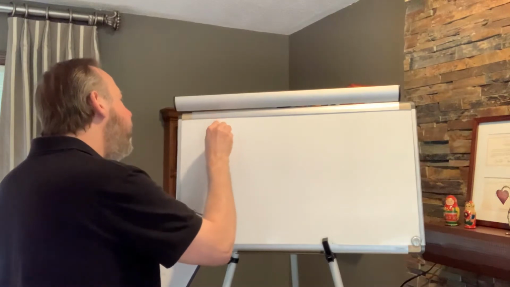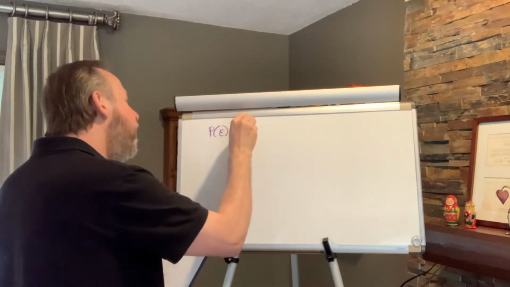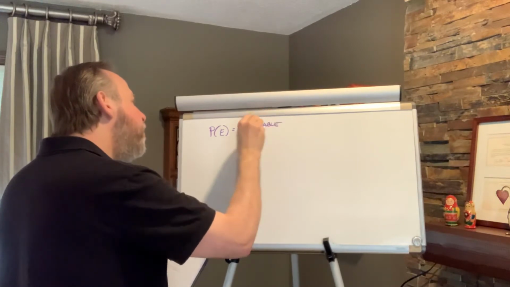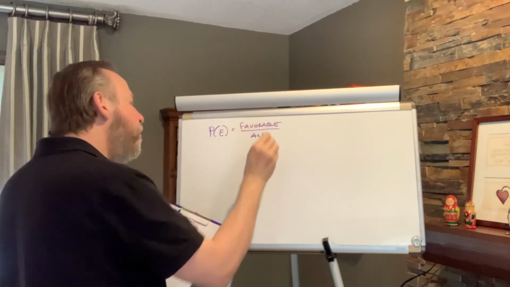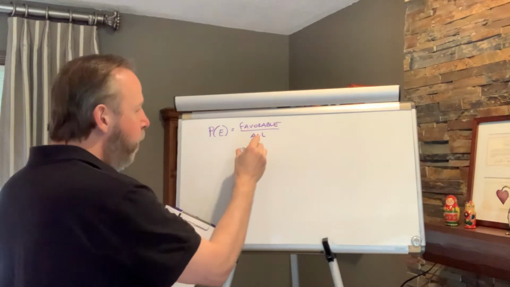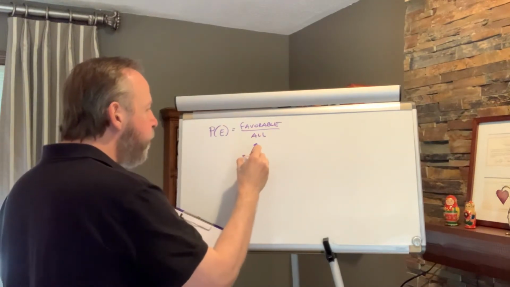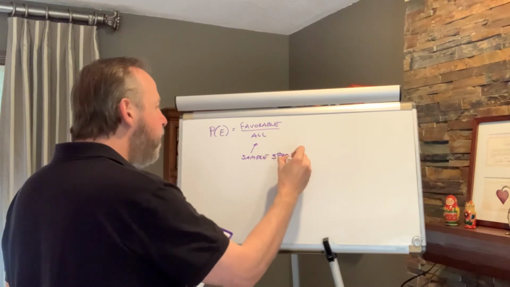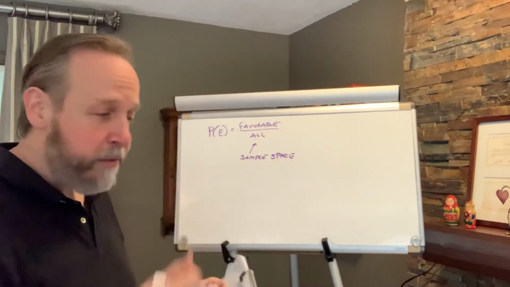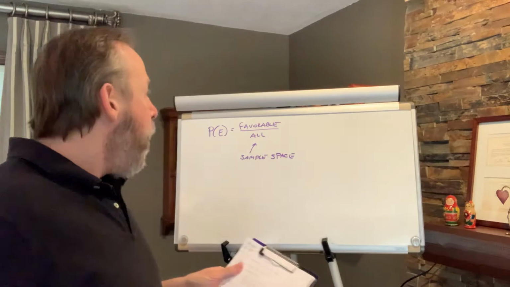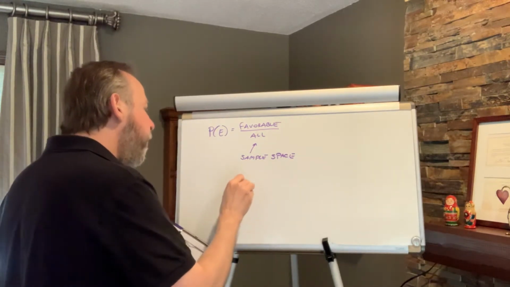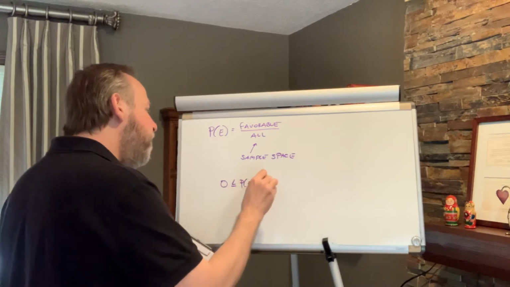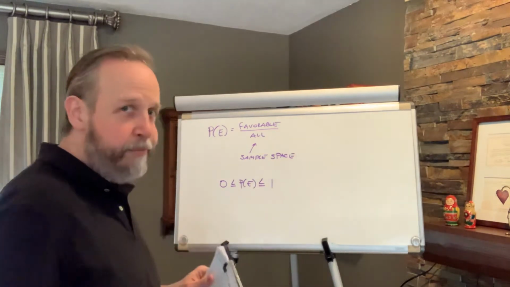The probability of an event occurring is the number of favorable outcomes over all outcomes. Remember, we call all outcomes the sample space. And the sample space, again, contains all possible outcomes of event E. While we're here, remember that the probability of an event has to be no less than 0, no more than 1.